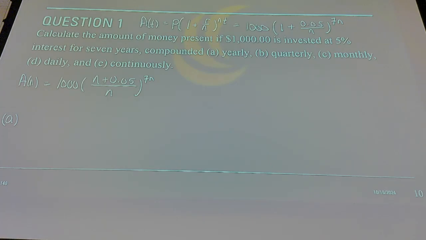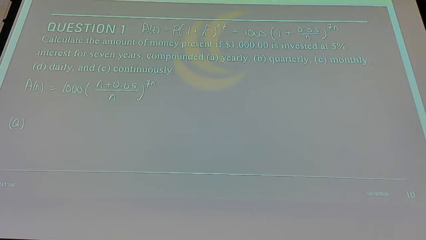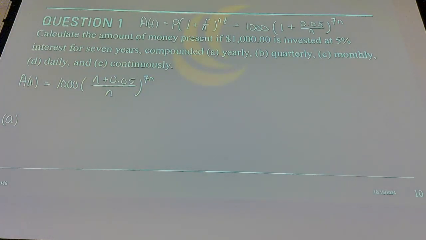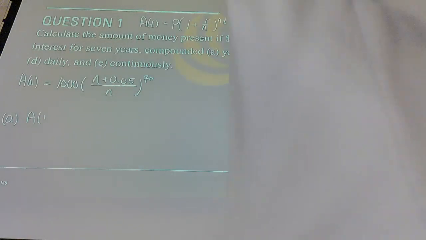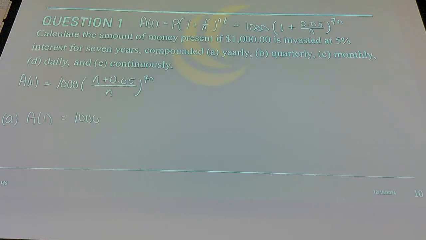So for part A, compounding yearly, what is n? Thousand times 1.05 raised to the 7th power. Right, so this is an exponential function, base 1.05.